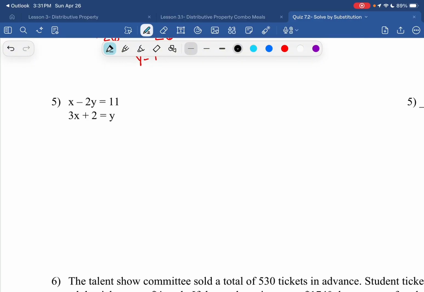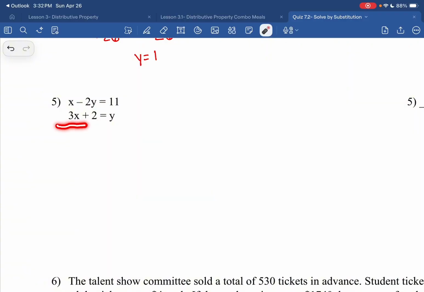Okay. All right, my first step is to see if one of my equations says x equals or y equals. And I want you to look carefully because this one says x minus 2y equals 11. So it doesn't say x equals, but you could solve it to say x equals. But look here, I have 3x plus 2 equals y.